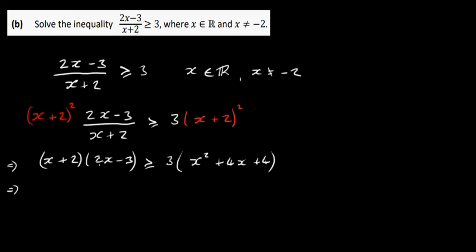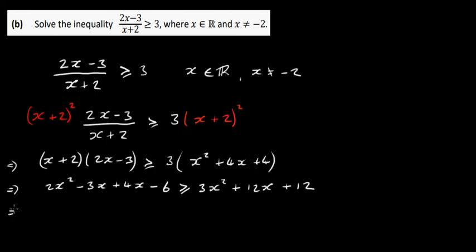Multiply this out here, so we've got 2x squared, we've got minus 3x, we've got these two here, which is plus 4x, and then finally we've got plus times minus, which is minus. 2 times 3 is 6. Now let's multiply this out. We've got 3x squared, we've got 12x, and we have 3 4s 12.